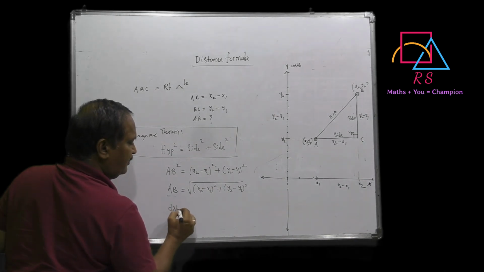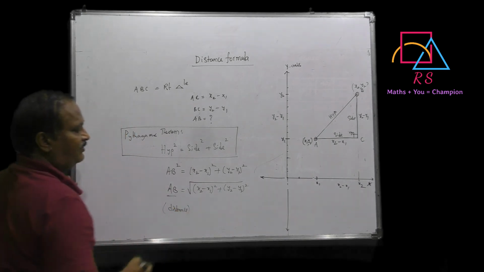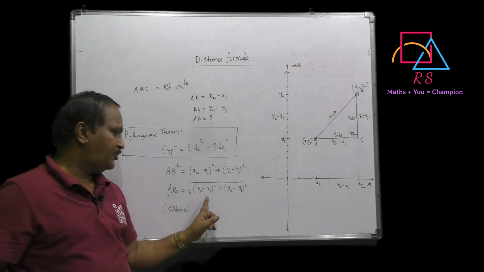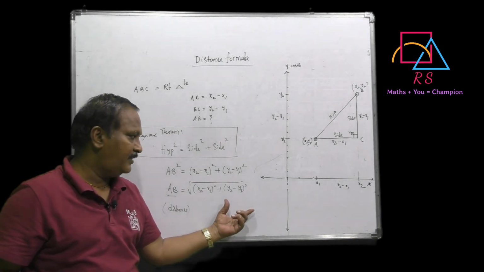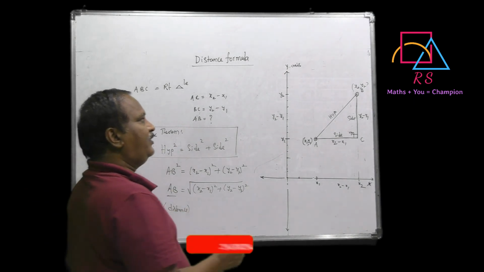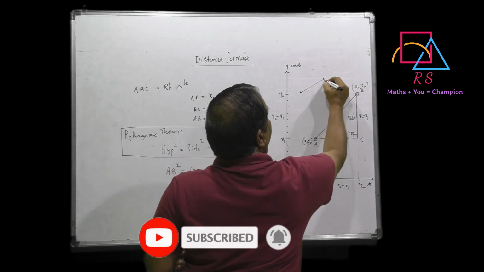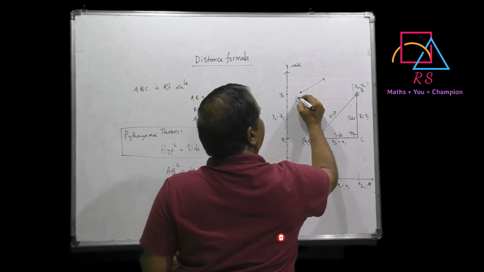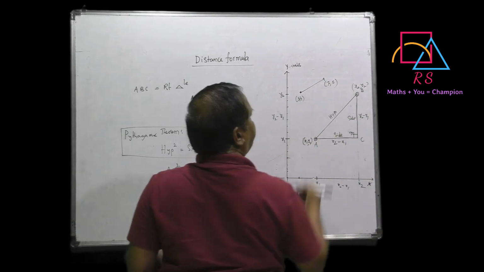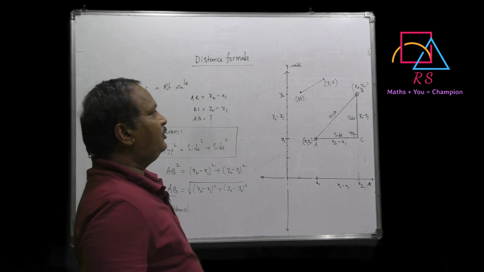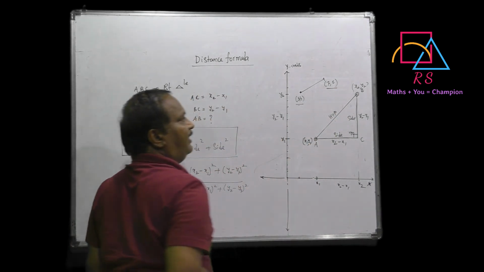So the distance between 2 points A and B is equal to the square root of x2 minus x1 whole square plus y2 minus y1 whole square. So whenever you need to find the distance between 2 points, say this is 3 and 4 and this is 7 and 5, these are the coordinates x1 y1, and these are the coordinates x2 y2.